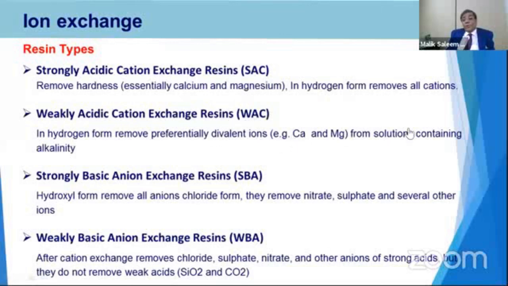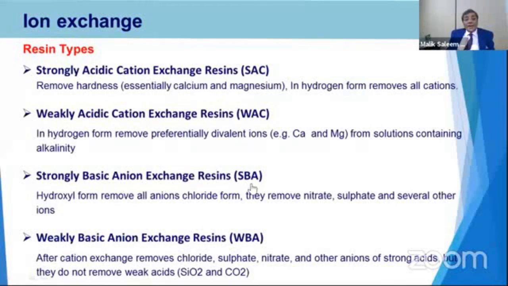I will not go into more detail, except to mention SAC, strong acid cation exchange resin, and weak acid cation exchange resin. The weak acid cation exchange resins are used for calcium and magnesium removal from solutions having more alkalinity.